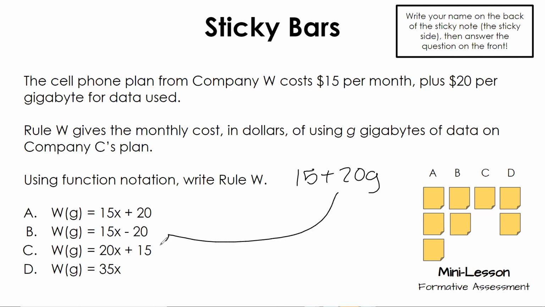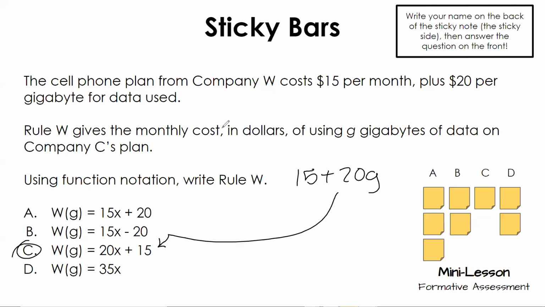So that's going to be this one right here, which is C. For my people who weren't paying attention, it was asking for the monthly cost and then they give you G, which is the number of gigabytes. So this is like saying X, and what is that multiplied by? That's 20. Does that make sense? You have to be real careful with how they word this.